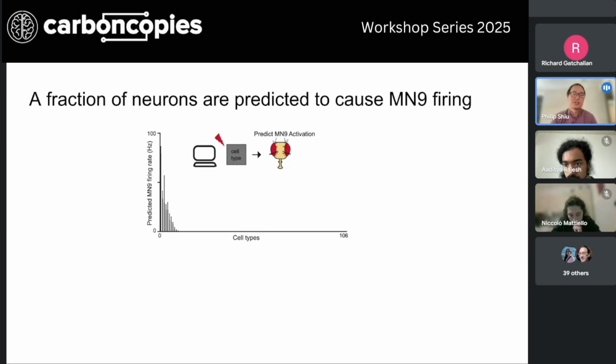We could have done this to more, but these are just cell types that were in the feeding region of the fly brain. And here we're computationally activating these single cell types, and we're predicting the motor neuron 9 firing rate. And only a small proportion of these neurons are predicted to activate motor neuron 9.